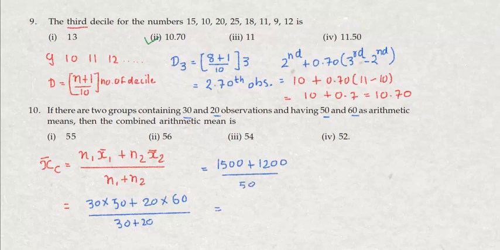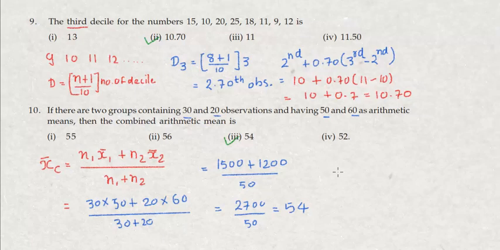So it is 1500 plus 1200 means 2700 divided by 50. So our answer is going to be 54 here. So we can say that the answer is option 3, which is 54.